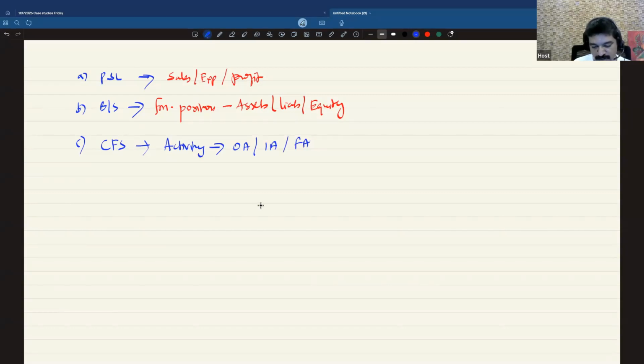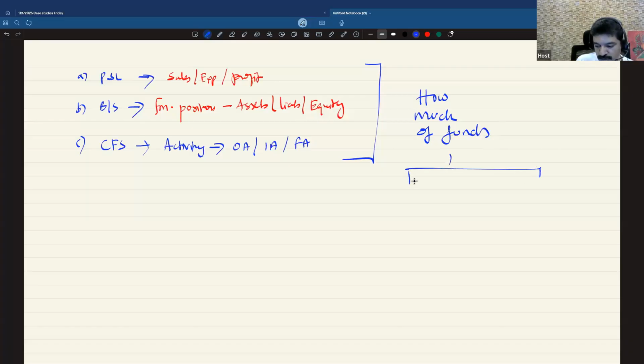And these three statements are not communicating one thing. They are not talking about how much funds have come during the year and how much funds have gone out during the year.